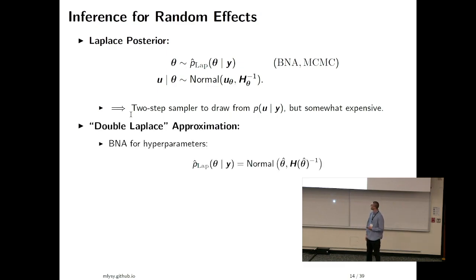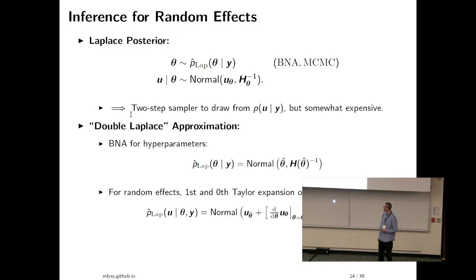Something a lot faster is we look at it this way. Again, keep the first part. Now let's just do a Bayesian normal approximation, in other words, mode quadrature on the log posterior. Very, very fast. How do you do the random effects? Instead, we take that second line on top, linearize it in the mean, and just keep the variance constant, and now I get to have something jointly normal.